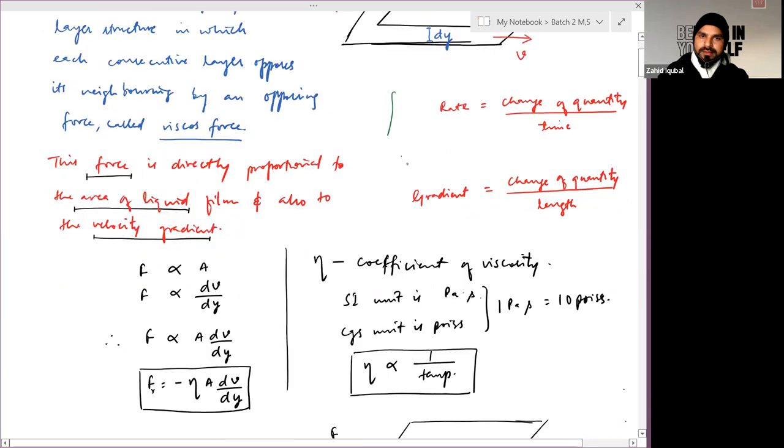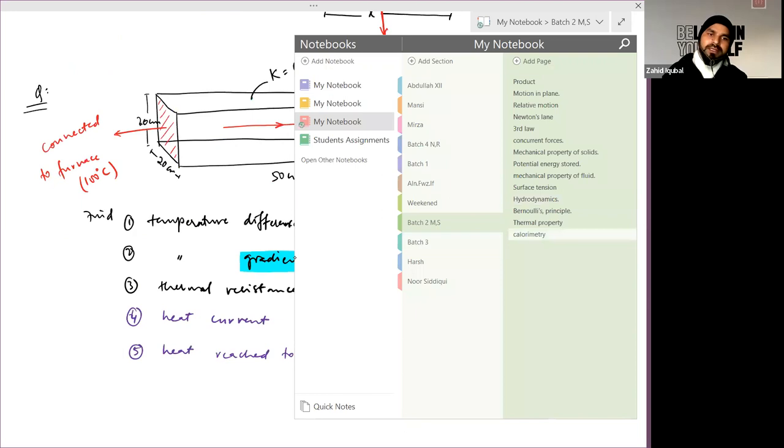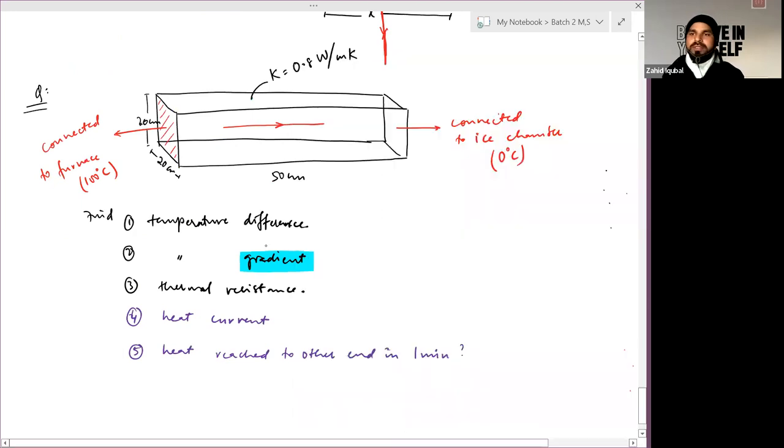What is written? Gradient is the change of any quantity with respect to length. Since in this part we have to calculate temperature gradient, it means change in temperature with respect to length. Aisha, is it clear? Yes, sir.